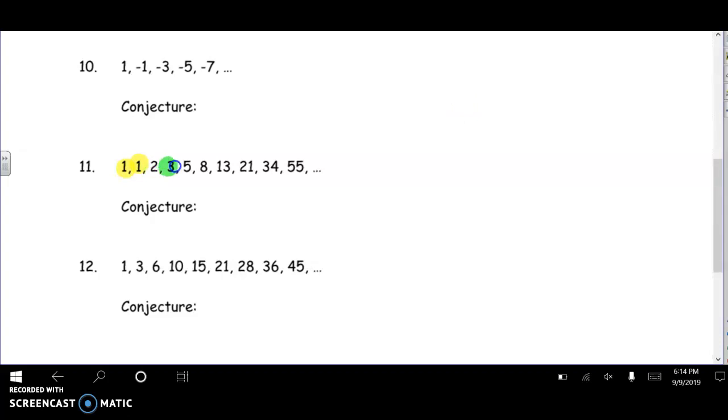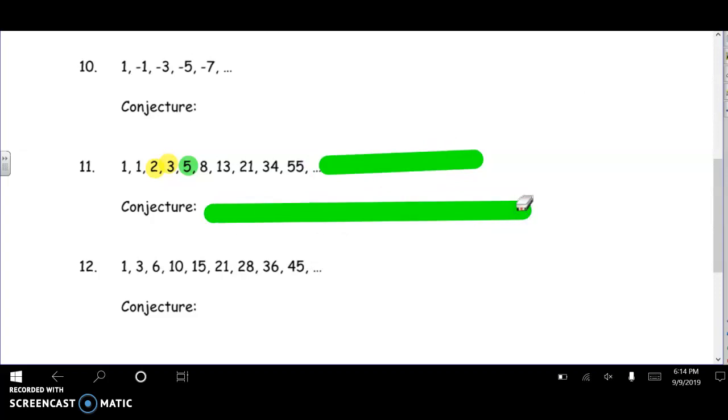Does that work the next time? If you can figure out the pattern, fill it in, and write a conjecture. If not, maybe do some other problems on this page first.